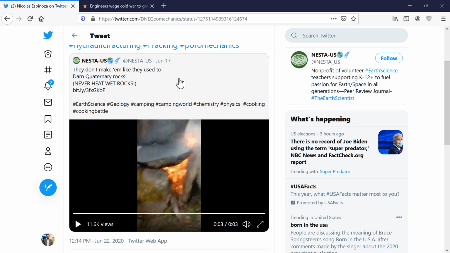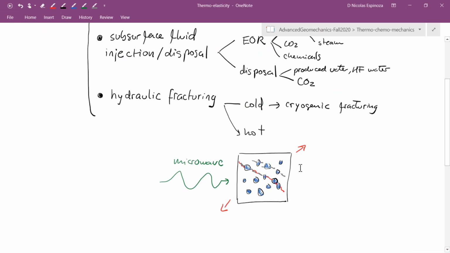Okay, so you may wonder, could we use this for hydraulic fracturing? And I'm not quite sure about the answer for that, because the thought experiment that we're doing here is under unconstrained conditions, while in the subsurface, as you know, usually we assume that we are under constant vertical stress and under constrained conditions laterally because you have more rock around.